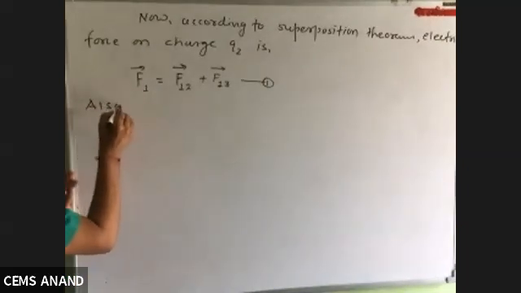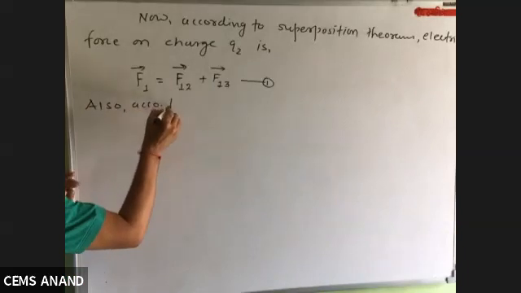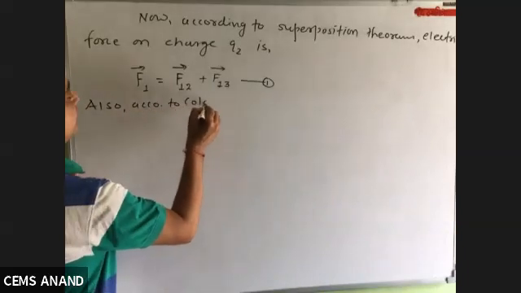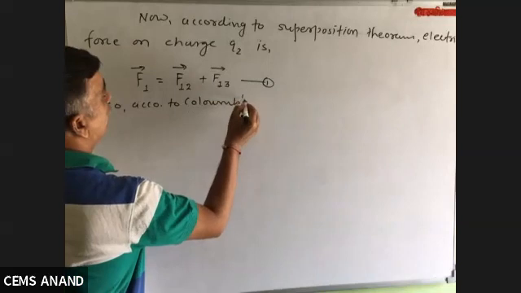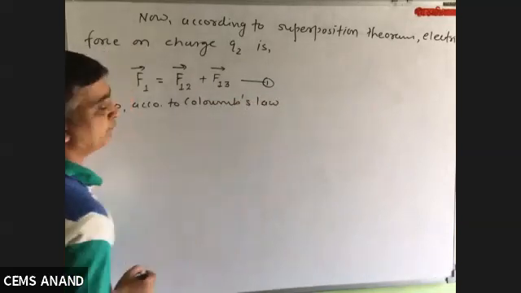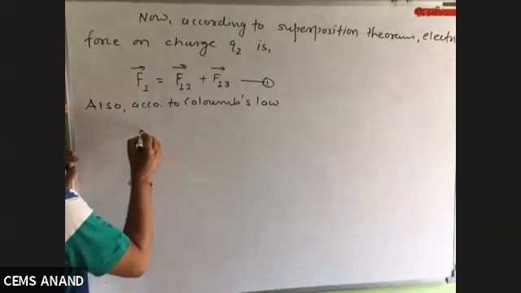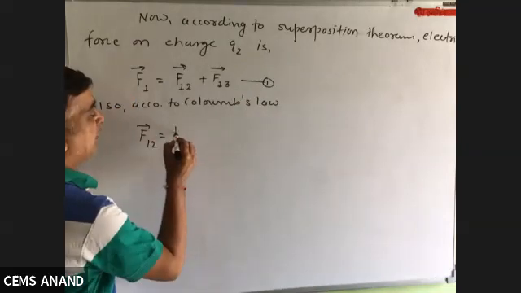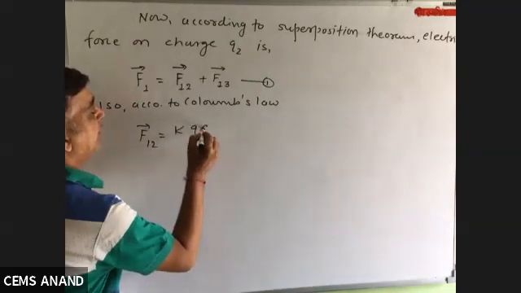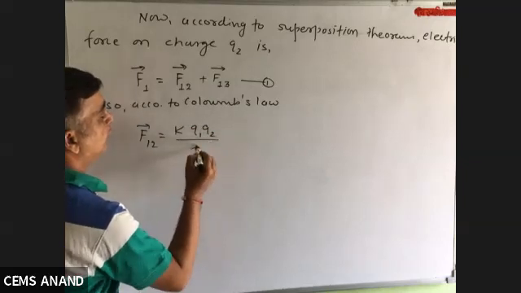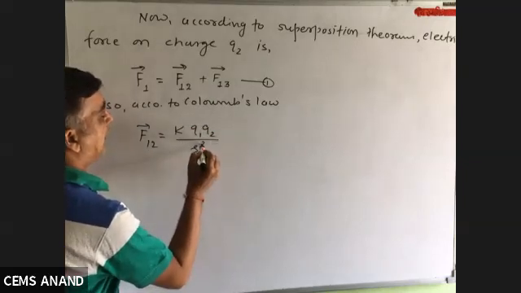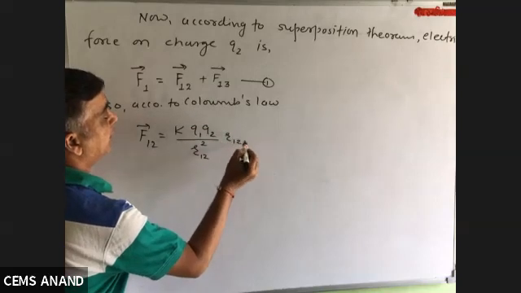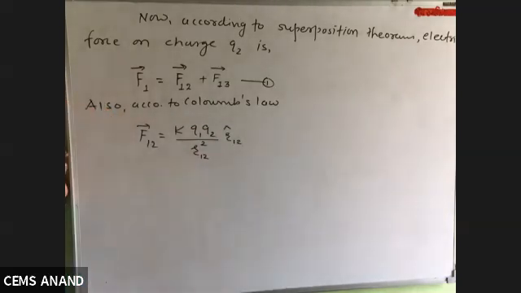Also, according to Coulomb's law, F12 is equal to K Q1 Q2 upon R12 squared, R12 cap.